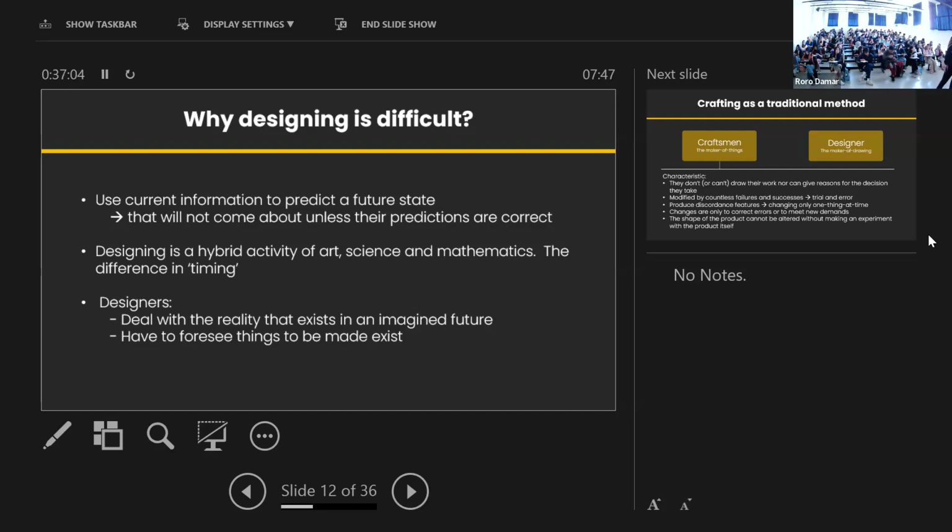Okay. Designing, kita continue ya. Designing is a hybrid activity of art, science, and mathematics. The difference is timing. So when we have a mathematic question, 1 times 1 equals how many, itu adalah current state ya.